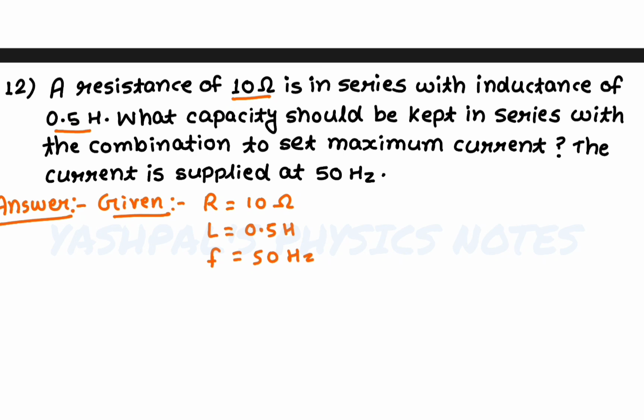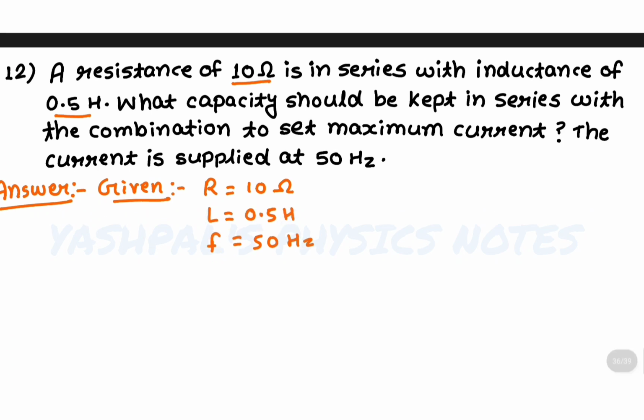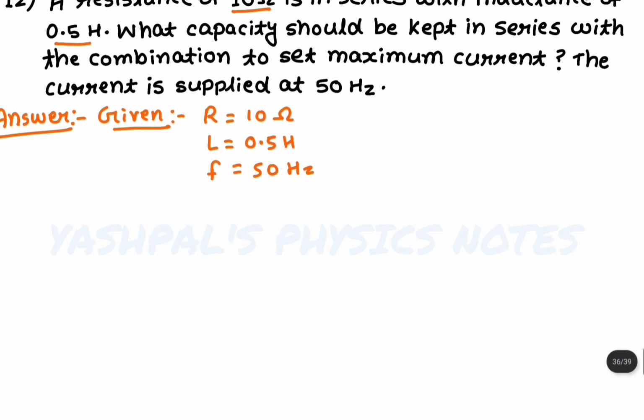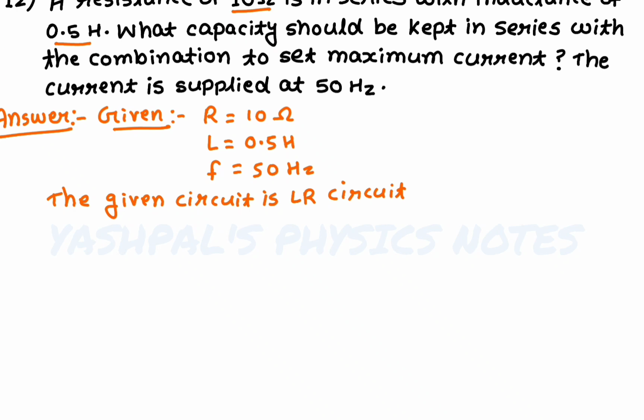So we can conclude that the given series is an LR series, the given circuit is an LR circuit. So we will apply the formulas which are suitable only for an LR circuit.